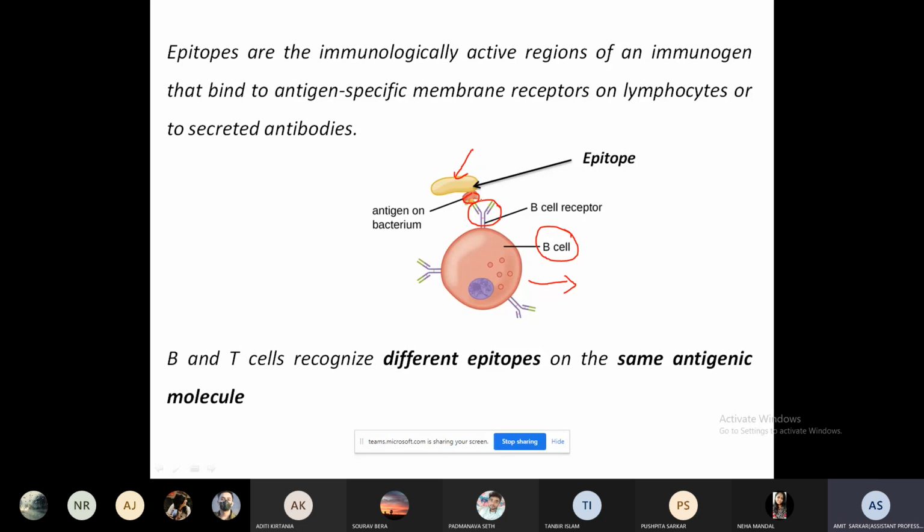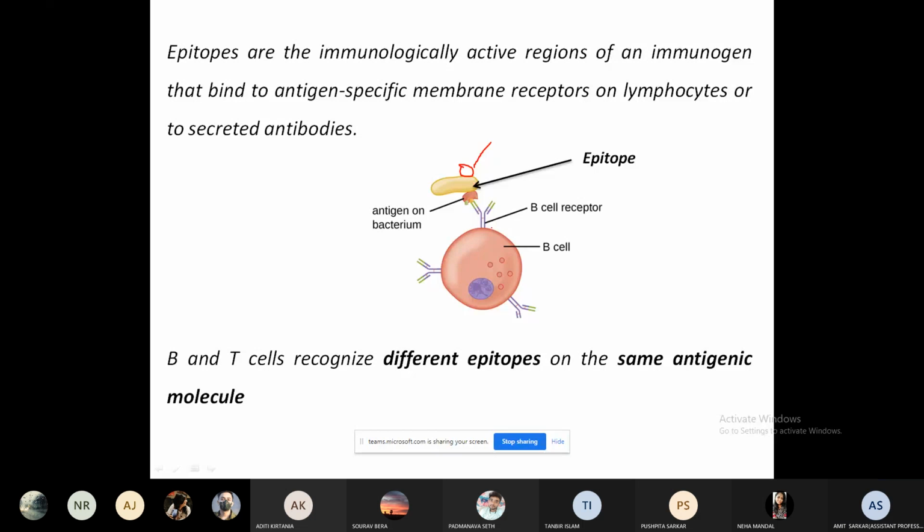Now, if you think about lymphocytes, you mostly have two very important ones, B and T, but they have different epitopes to bind. Whatever epitope we're seeing here is bound by the B cell membrane-bound receptor and will not be recognized by any T cell. T cell will recognize something else, maybe present somewhere else.